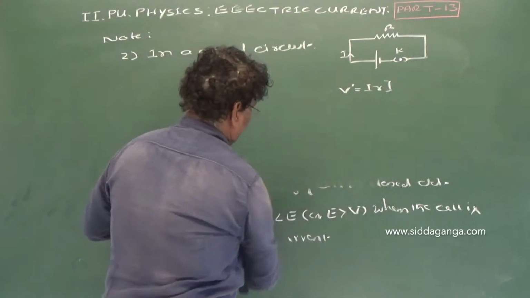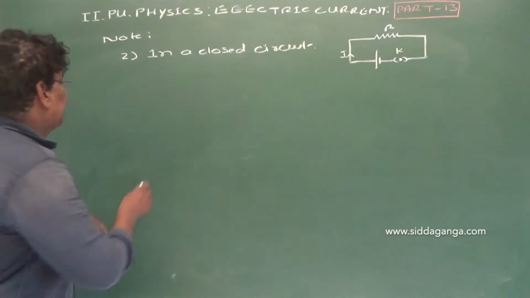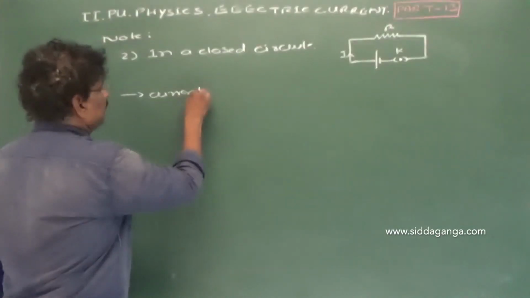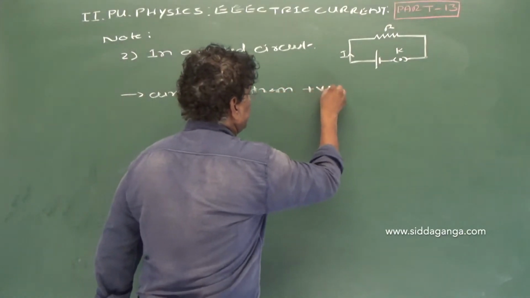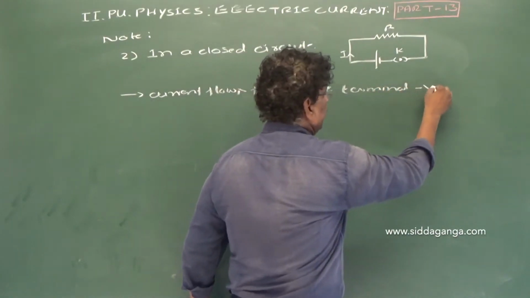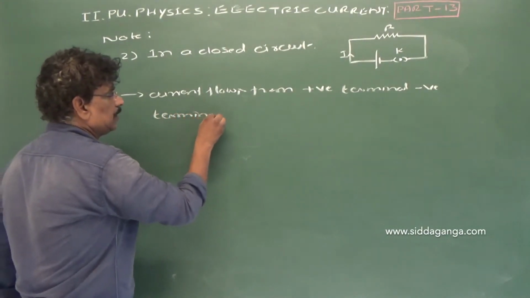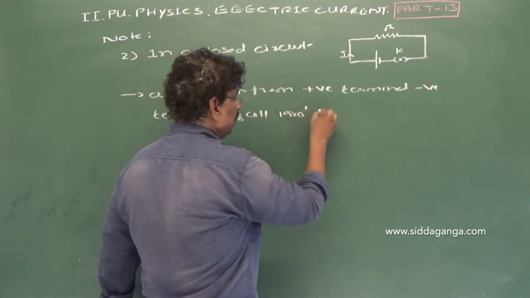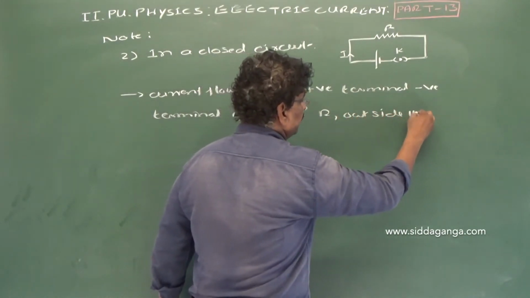Now here, another important thing we have to discuss is, in closed circuit, current flows from positive terminal to negative terminal of cell through external resistance outside the cell.